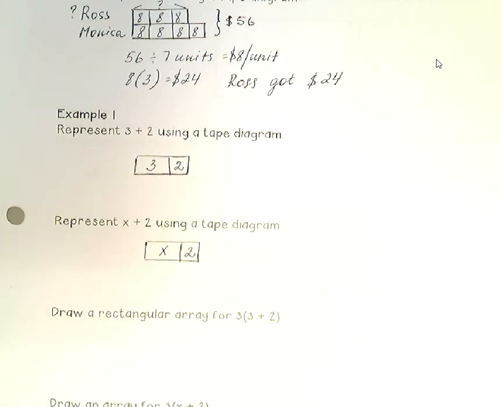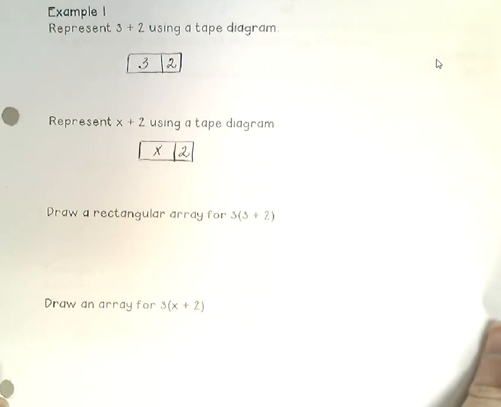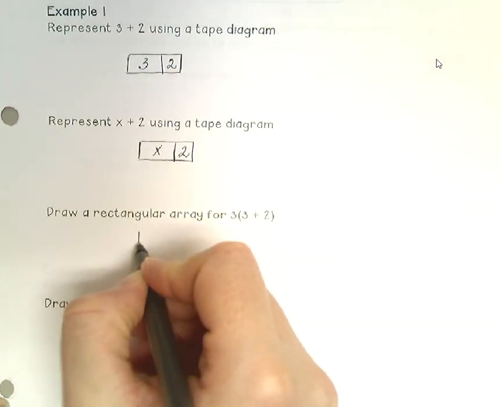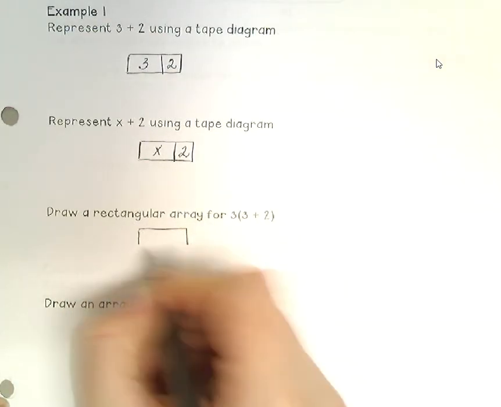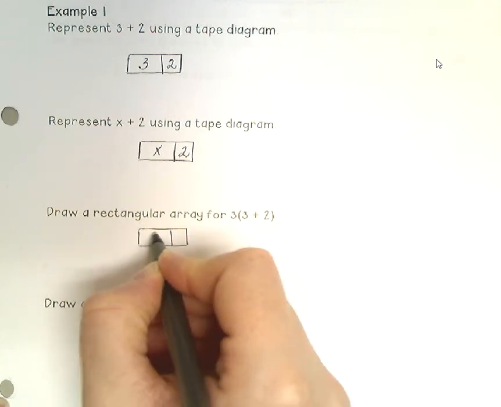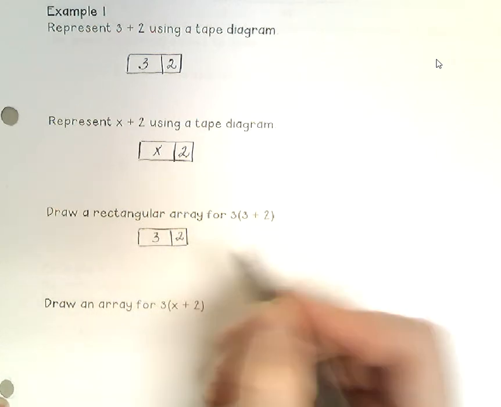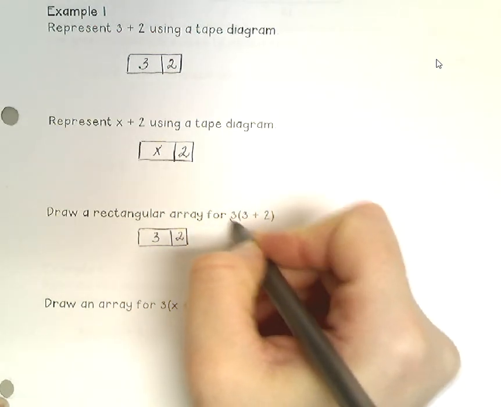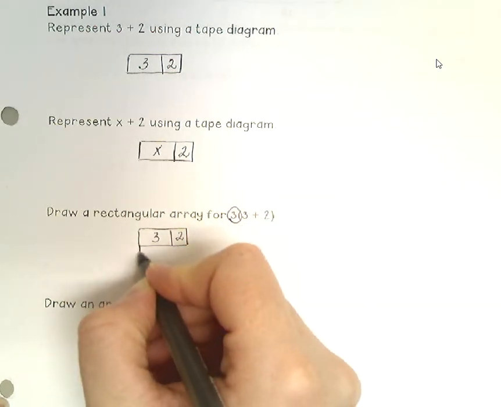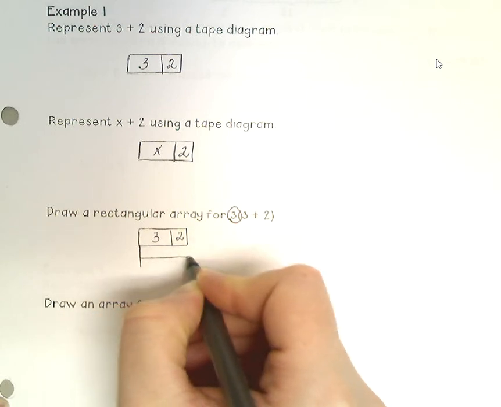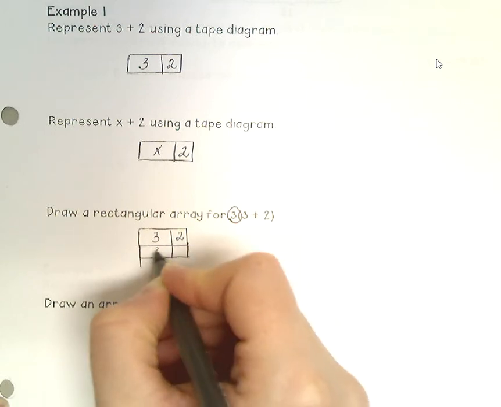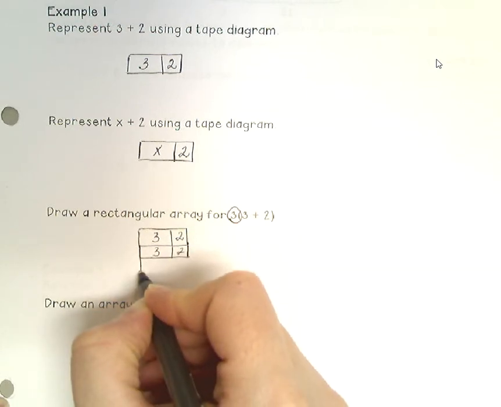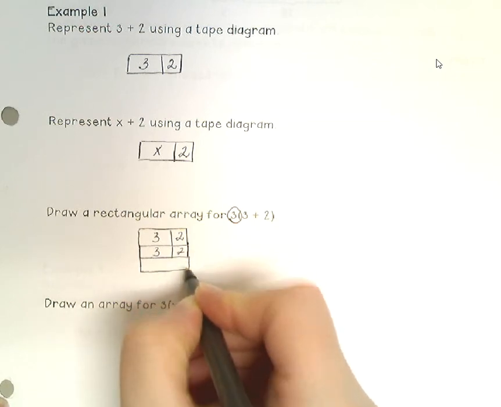Draw a rectangular array for 3 groups of 3 plus 2. So here I have that group of 3 plus 2, the one that we did earlier, and I need a rectangular array to show 3 groups of them. So I'm going to do it twice: 3 plus 2 and another group of 3 plus 2.